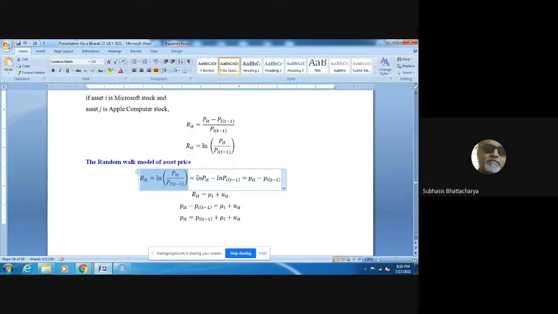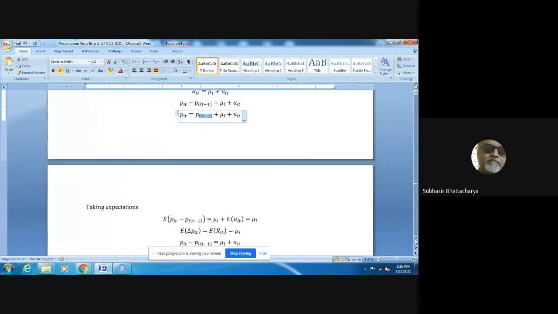If I consider the log price of period t as small p_t, and this as small p_{t-1}, then earlier we derived r_it equals mu_i plus u_it. So p_t equals p_{t-1} plus mu_i plus u_it.